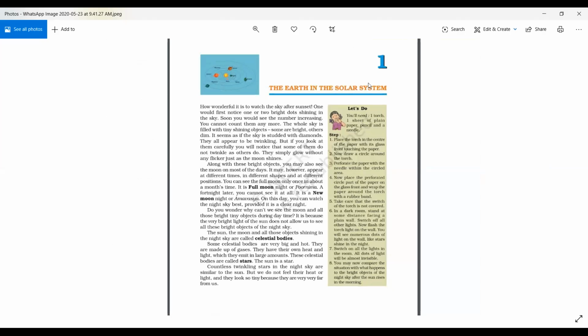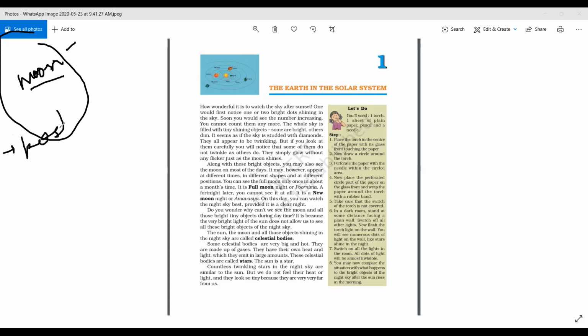So, till now, do we understand this much about the moon? You see the moon in the night sky at different positions and in different shapes.